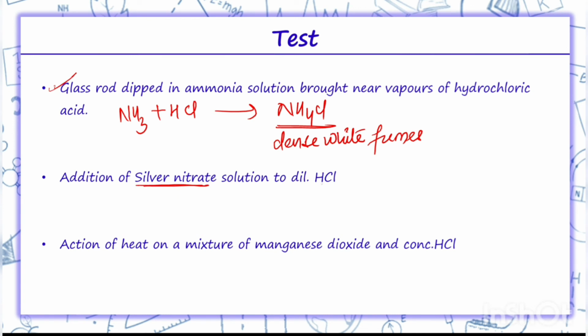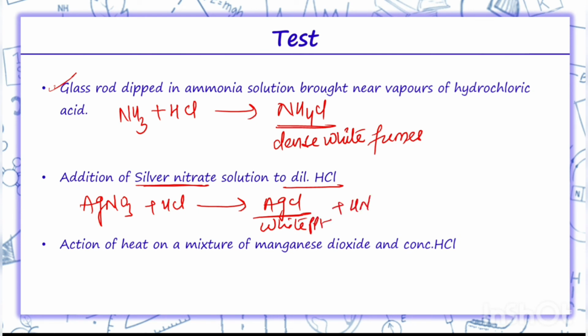Silver nitrate solution added to HCl: AgNO3 when added to HCl forms a white curdy precipitate. This white curdy precipitate indicates the presence of HCl acid.